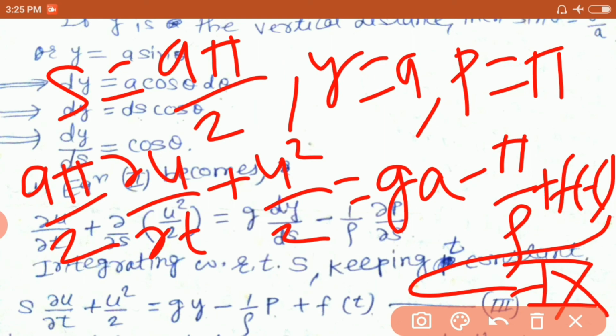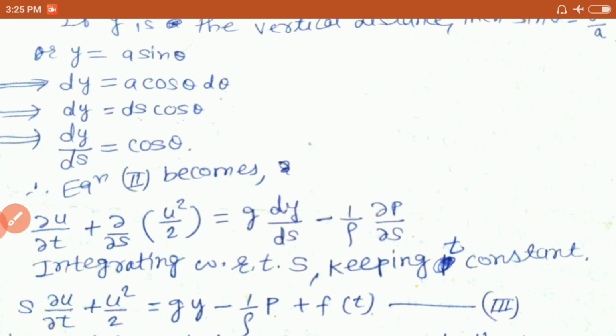And similarly from equation 8 and equation 9, equation 8 minus equation 9, what do we get?